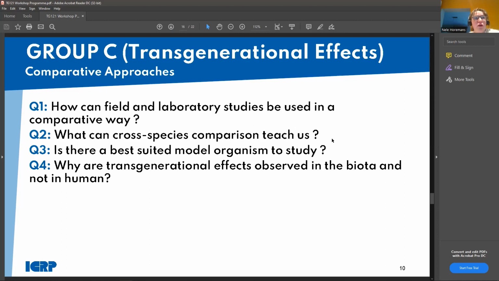For me, I still wonder, and also what you asked before, how plants can cope with the fact that they are completely different from animals, and still we see similar kinds of results.